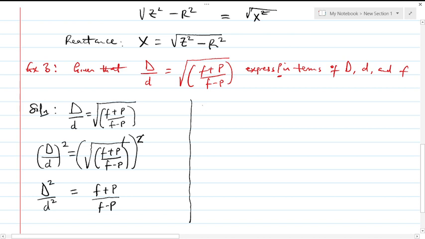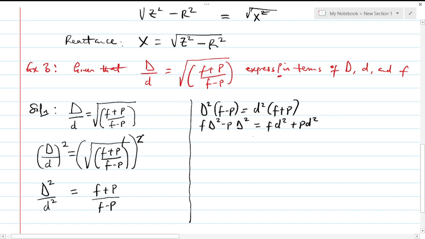By the time we cross multiply, we have D square times f minus p, equals small d square times f plus p. So we can now remove the bracket. We have f D square minus p D square equals f d square plus p d square.